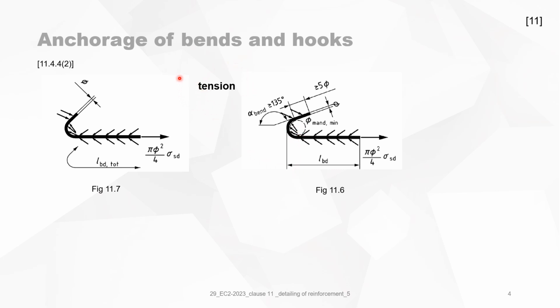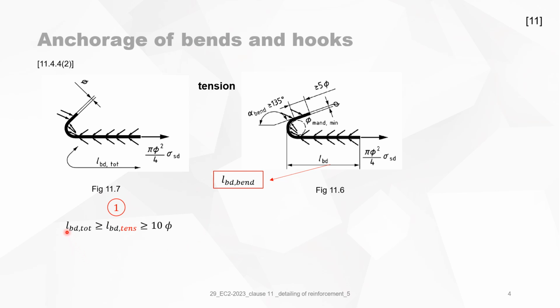This is for tension only. So anchorage of bends and hooks for tension only. Again, LBD is already used for straight bars. So why do they use it again for hooks and bends? It's quite confusing, so I prefer to call this LBD bend. Now you are clearly sure that this is about the distance from there to there.